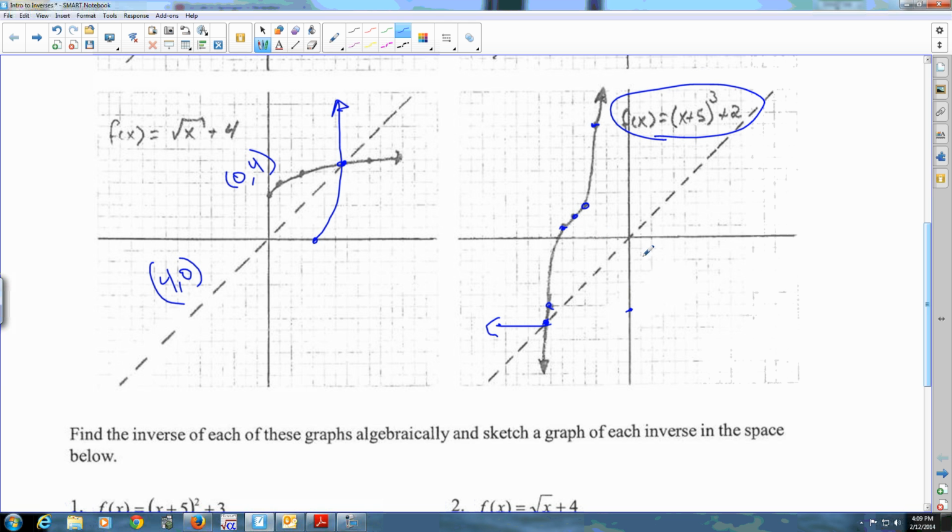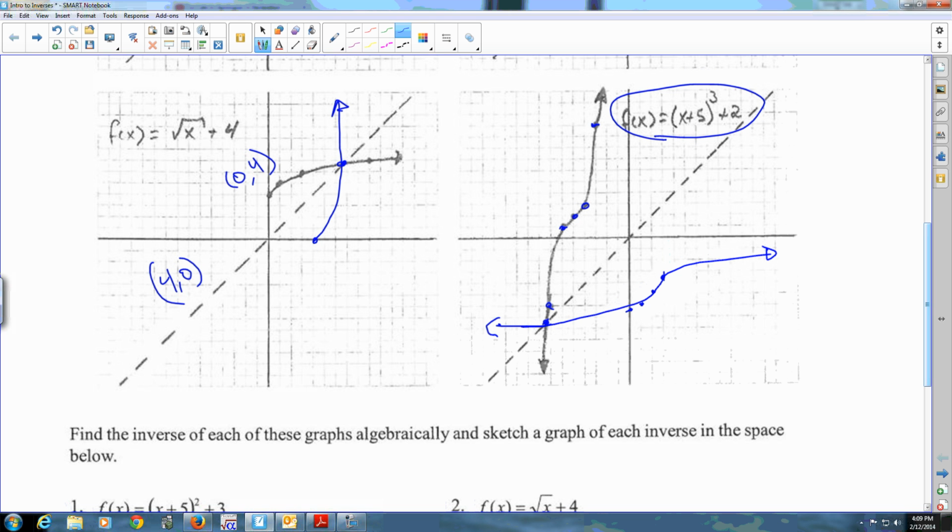So that will be (1, -6). And then this is going to be (-5, 2). So that'll be (2, -5). And then that's going to be (-4, 3). So (3, -4). And then it's going to curve out this way. So I think I was right.